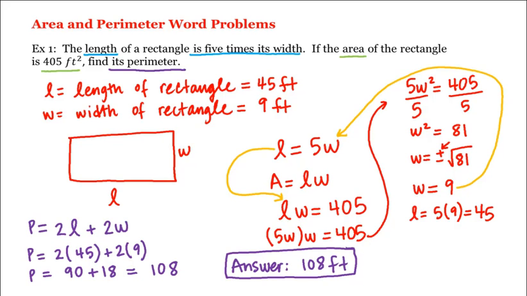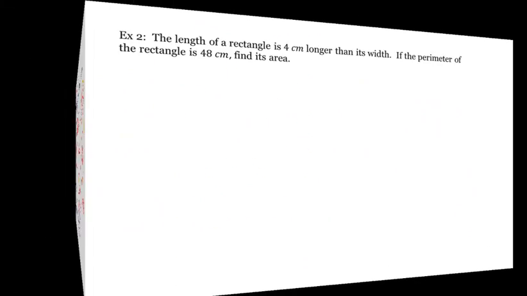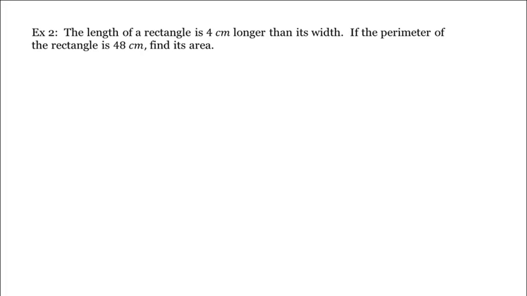All right, let's look at one more. The length of a rectangle is 4 centimeters longer than its width. If the perimeter of the rectangle is 48 centimeters, find its area. Again, let's let L equal the length of the rectangle, and W be equal to its width.